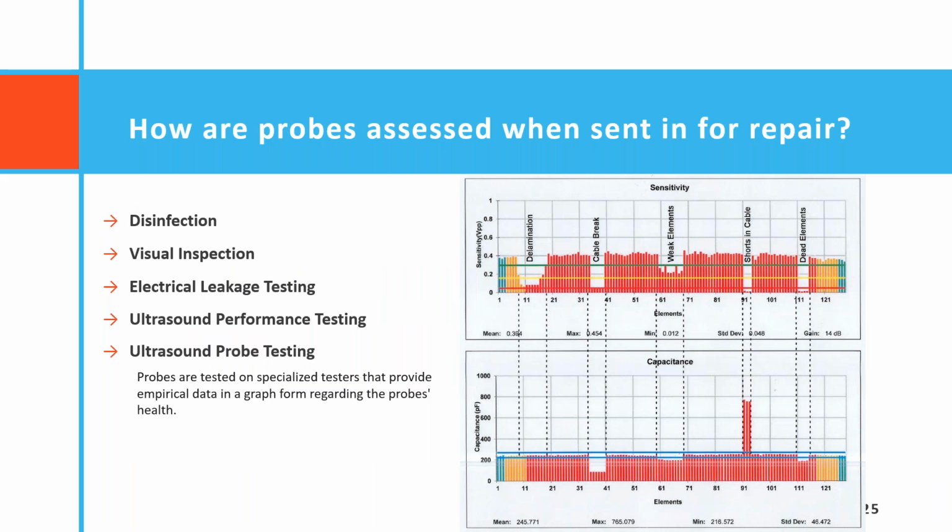Make sure the probe's clean, do a visual inspection, electrical safety test it, and then do image quality testing. That's what you do in the field. We do the same thing in-house when we receive a probe, and the only thing we do differently after that is we have probe testing equipment to go a step further to guide us in what actually needs to be repaired on a probe.